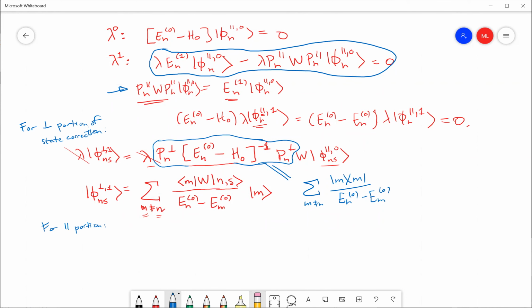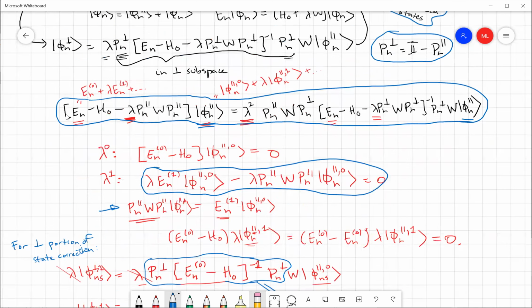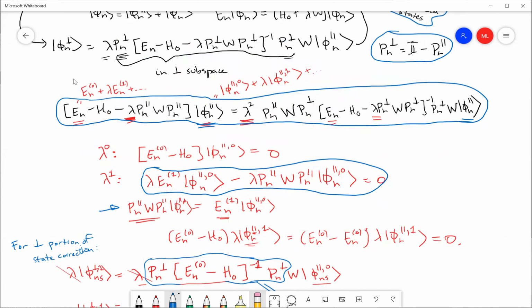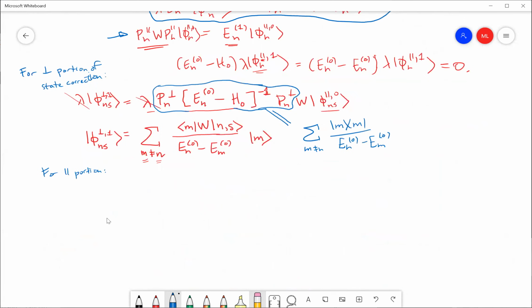So if we rearrange this equation, what does it look like? Again, it's not a very pleasant equation, but it has within it all the information we need to do perturbation theory. So we rearrange it. We have this stuff. We're just going to subtract that lambda squared long term out here and put it on the other side.